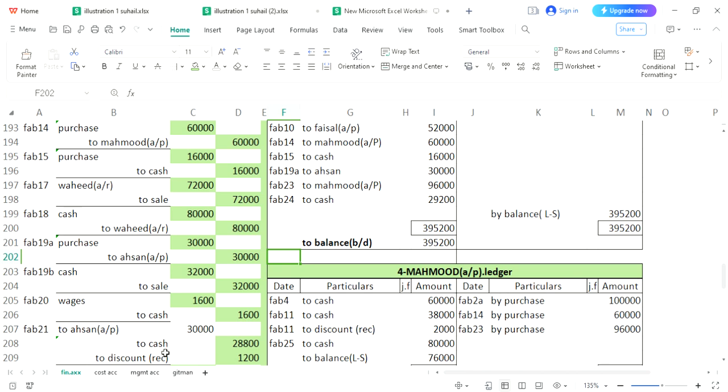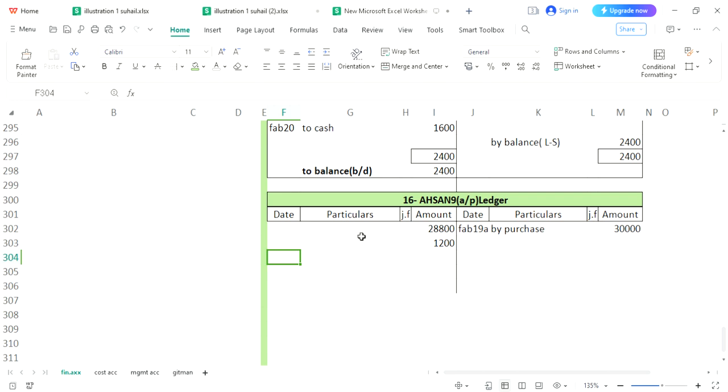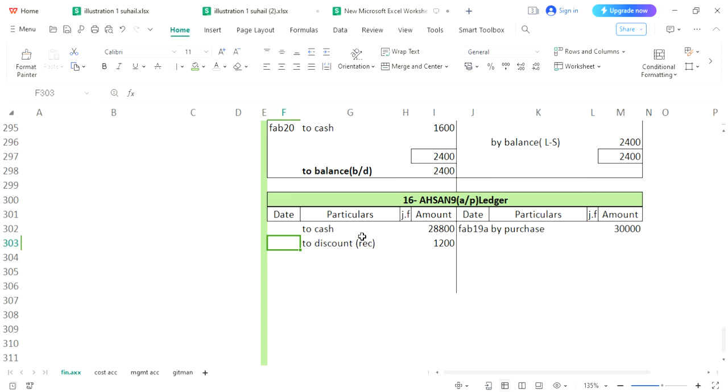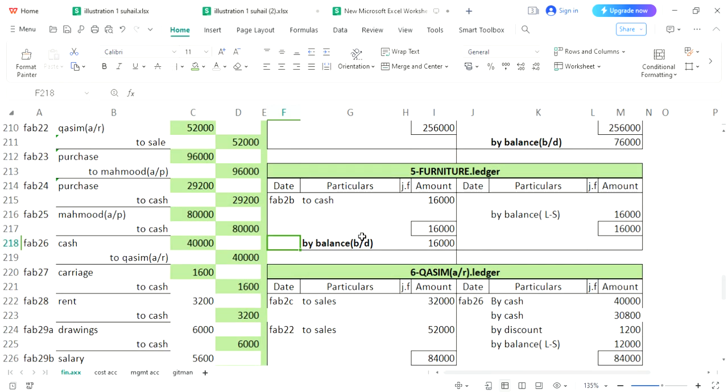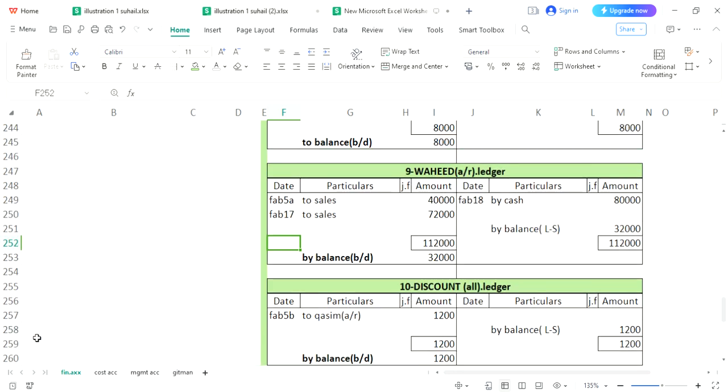Two references, cash and discount, will be used in the particular column. So you will write to cash first for 28,800 and then to discount received for 1,200. Go back and see what was the date, February 21.